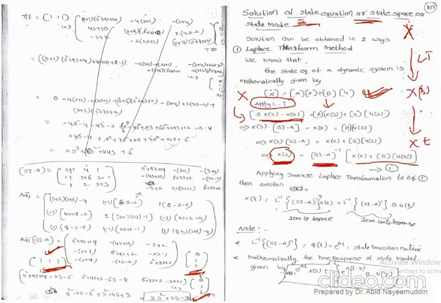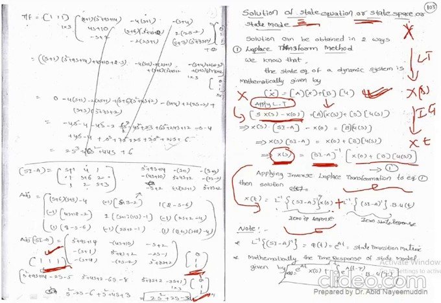After that you need to apply inverse Laplace transformation. For that equation, if you apply inverse Laplace transformation, then it becomes L inverse of (sI minus A) whole inverse into x of 0, plus L inverse of (sI minus A) whole inverse into B U of s. So this is an addition. This sum is known as the complete solution of the given state model.